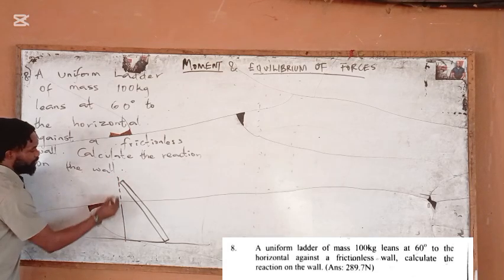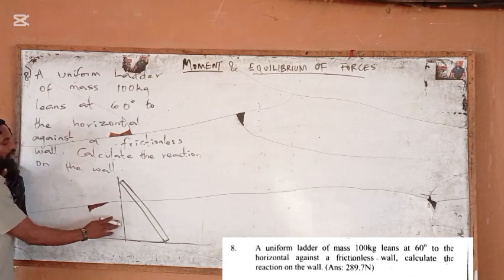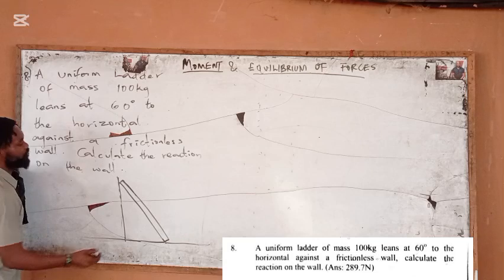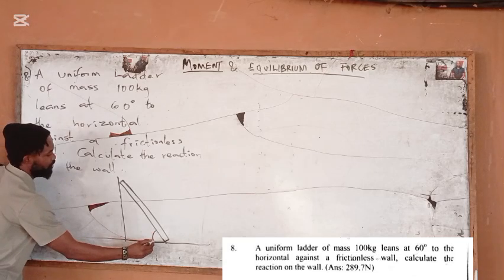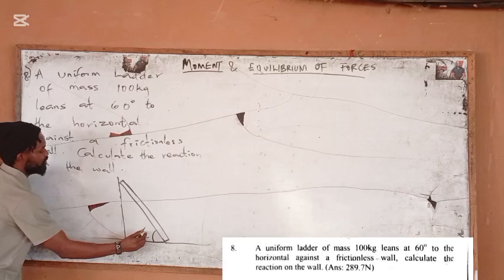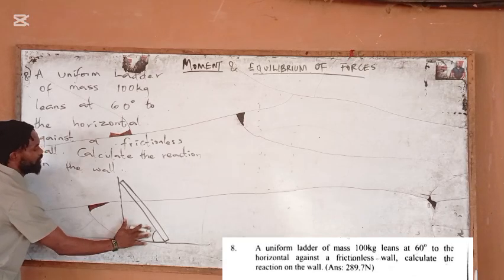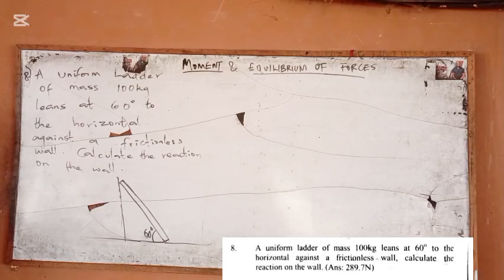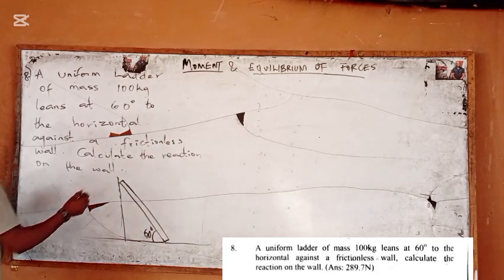I said that this ladder rests at 60 degrees to the horizontal against the frictionless wall. So let's say this is my 60 degrees. If this is my 60 degrees, then they are asking me for the reaction on the wall.